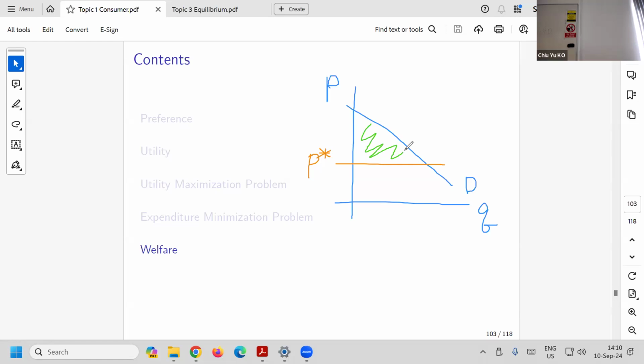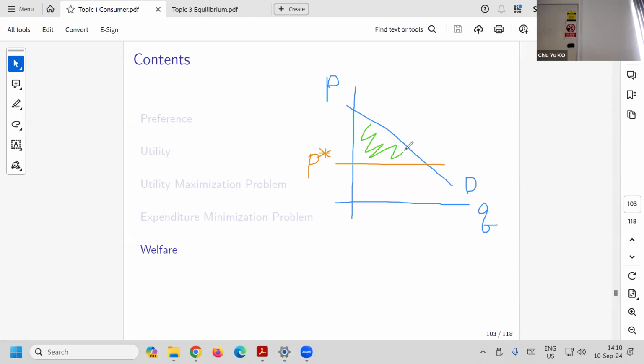It is an approximation of what it's supposed to be. So there's an upper bound, a lower bound, and consumer surplus in the middle. We'll talk about in detail why consumer surplus is a good measure.